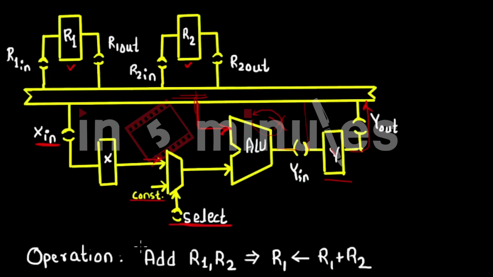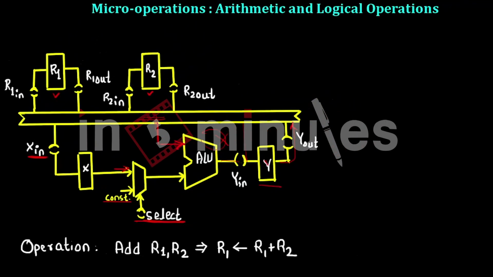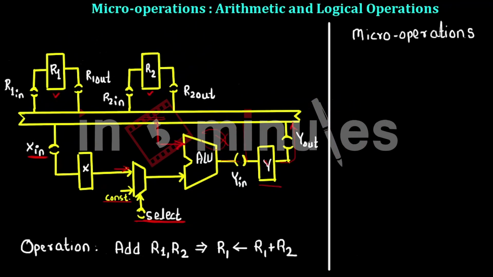Now let's see how the operation shown here is performed in the ALU. The micro operations involved in this instruction are: in the first T state, we are going to set R1 out and X in. What does this mean? We want to put the data from R1 in the X register.